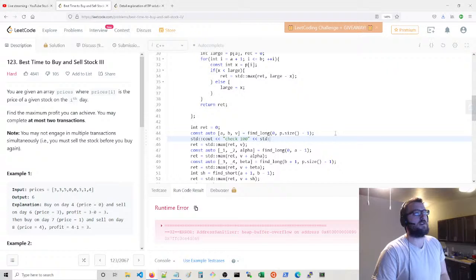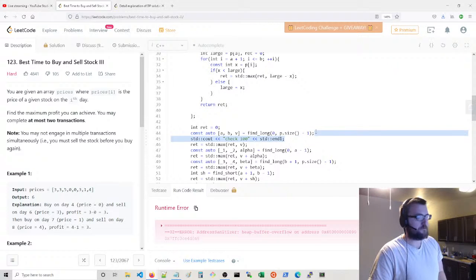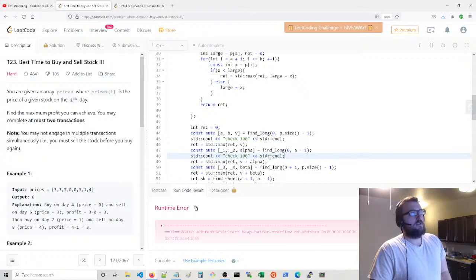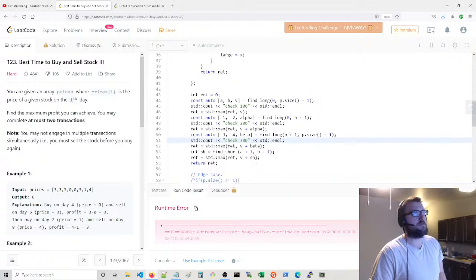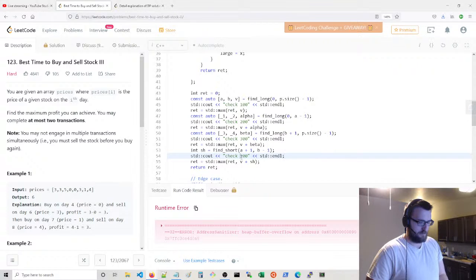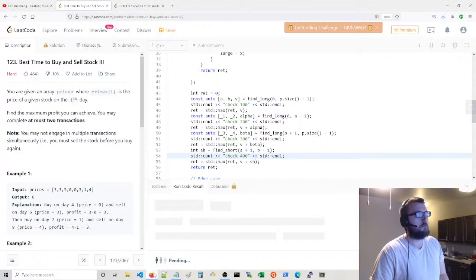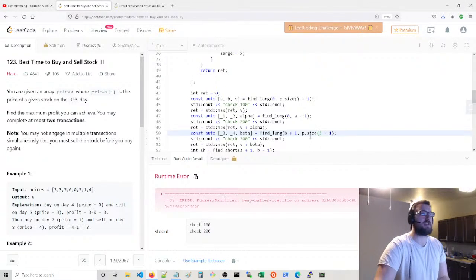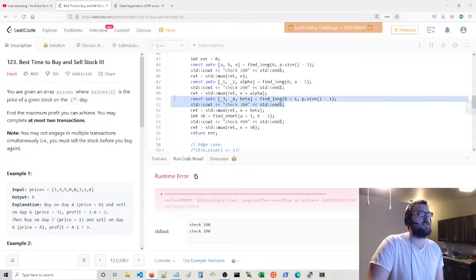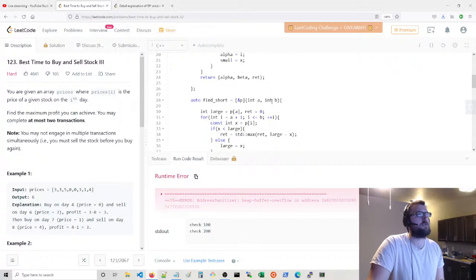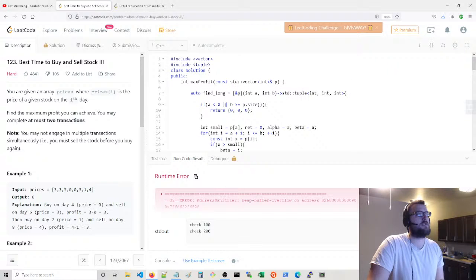Let's check 100, 200, 300, and 400. Let's see, there's some thinking through here that I didn't do. 100, 200, check beta. So find long, if b plus 1 is greater than p size minus 1. Oh, you could do this too.